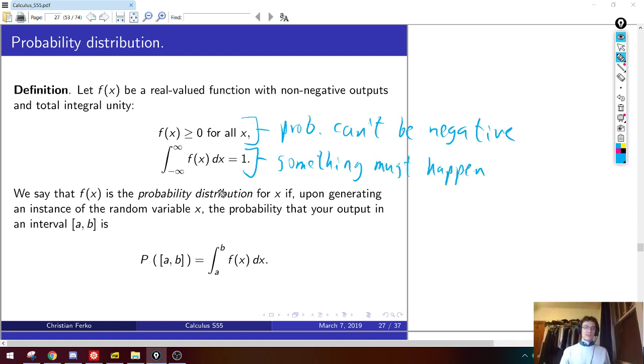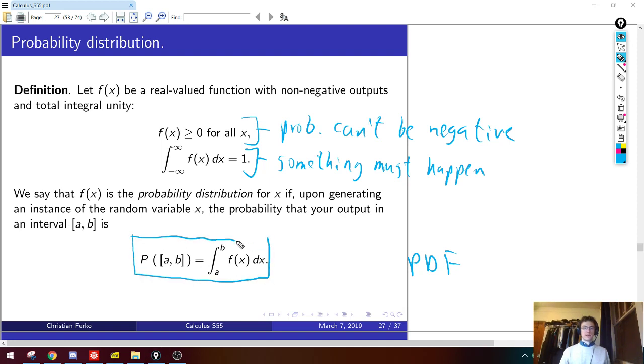So in this case, we say that this function f of x is called the probability distribution, or sometimes the probability density function, or PDF, for a random variable x if, when you generate one instance of the random variable x, you roll the die or run the code that generates some random variable, the probability that your generated output lies in some interval between a and b is the integral of f of x between a and b.